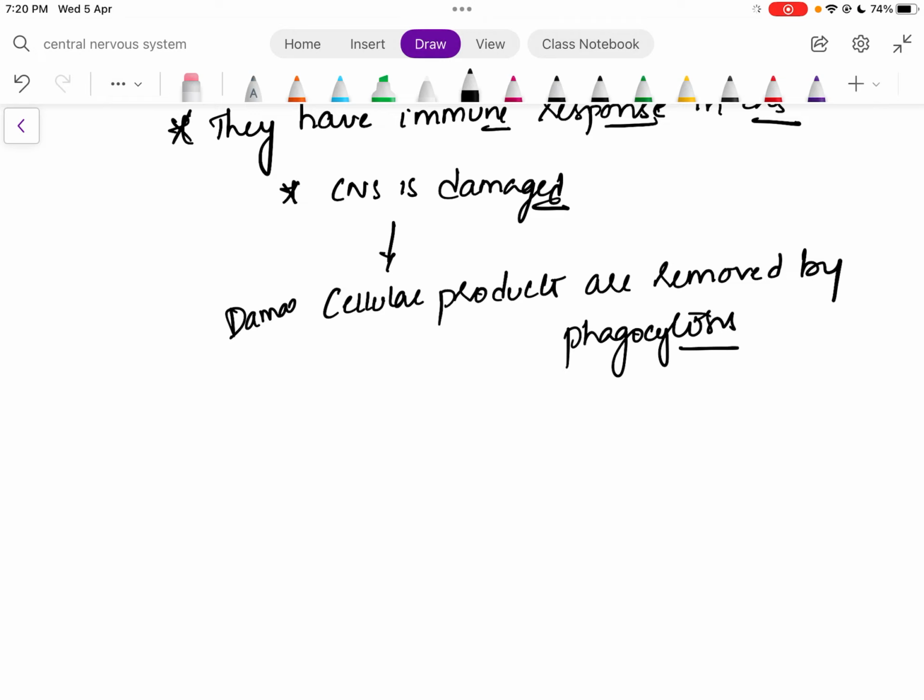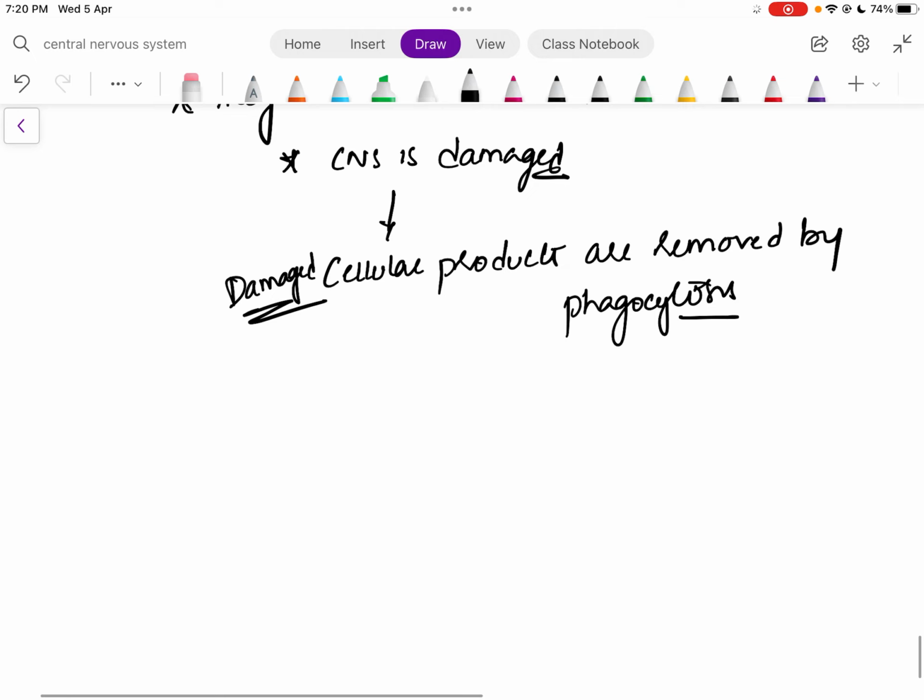That is, damaged cellular products are removed with the help of phagocytosis. This is the function of microglia.